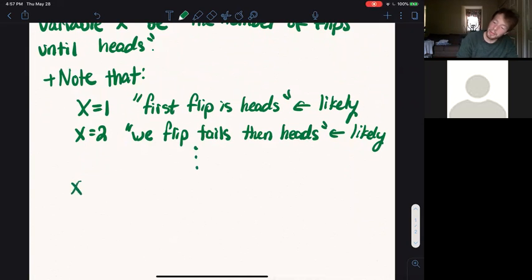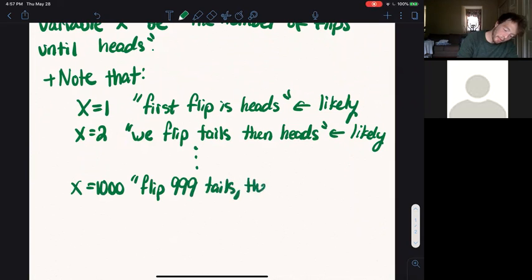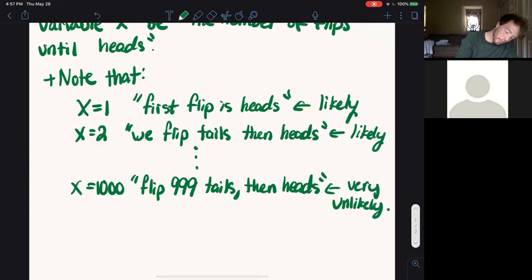And we could even have something as large as X equals 1,000, which means we would flip 999 tails, then heads. Note that this last thing is very unlikely, but possible.